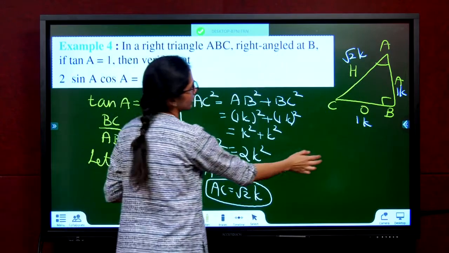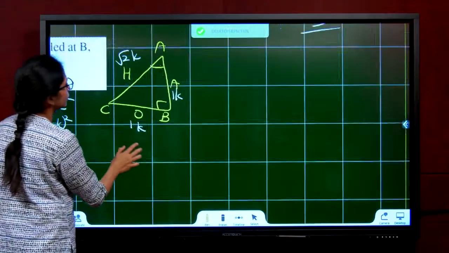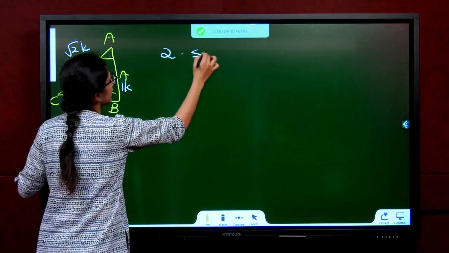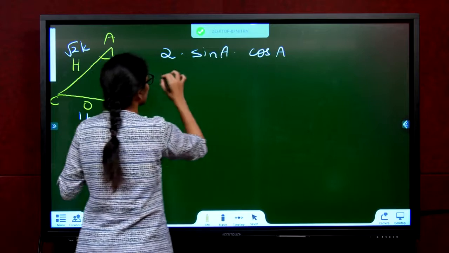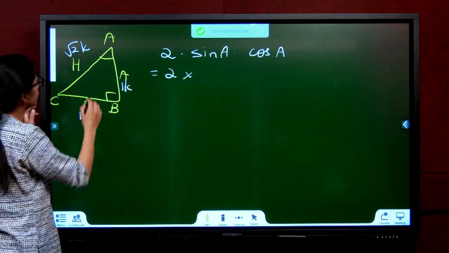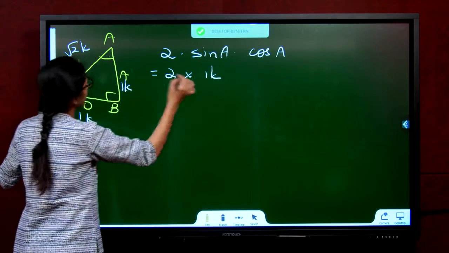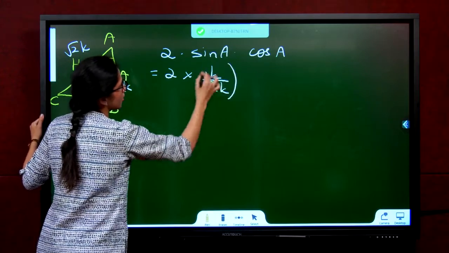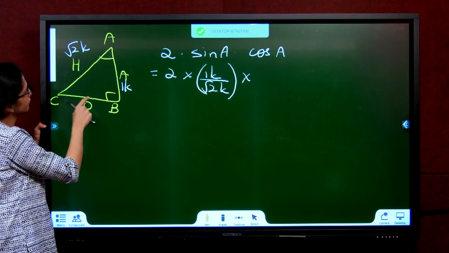Now what we have to do is find 2 sin A cos A. We can directly do it. 2 sin A cos A. 2 into, what is sin A? Opposite by hypotenuse. Who's the opposite? 1K. Hypotenuse, root 2K. Cos A, adjacent. Who's the adjacent?